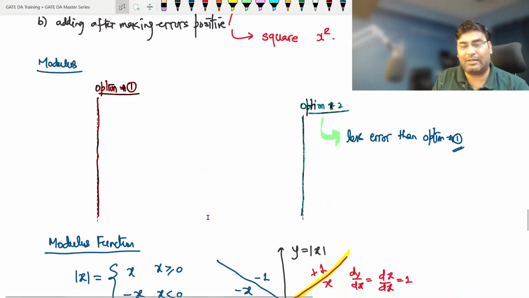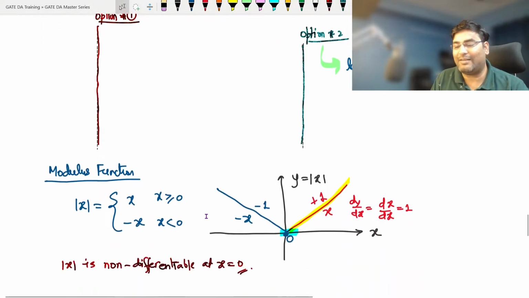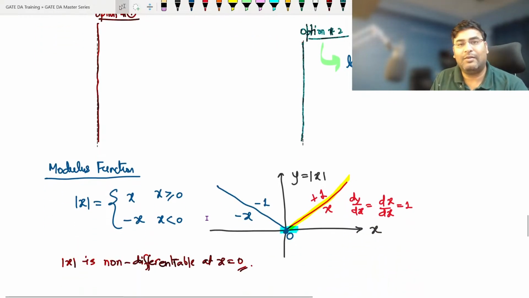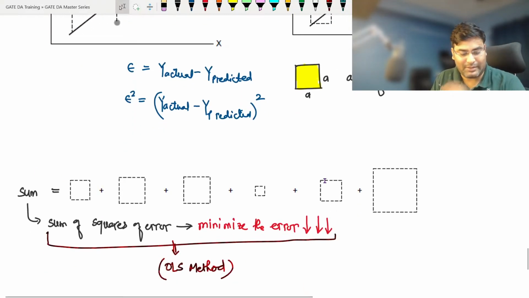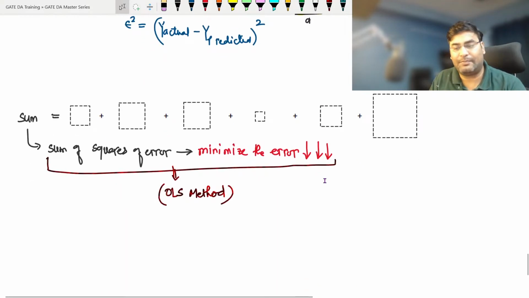Then modulus poses another challenge to our problem: it cannot be applied with the maximum minimum concept, which is very difficult. I explained that quickly, and then I came up with the concept of the square of the error, which moves it from the line to area. As you can see the boxes, we'll take all the boxes, sum it up, and minimize the error. Does it make sense, guys?